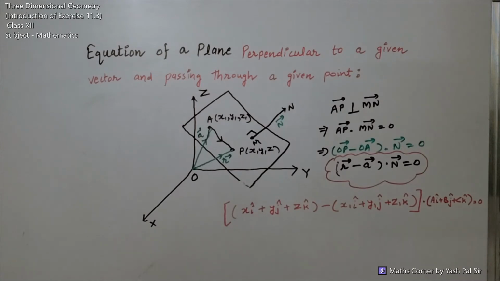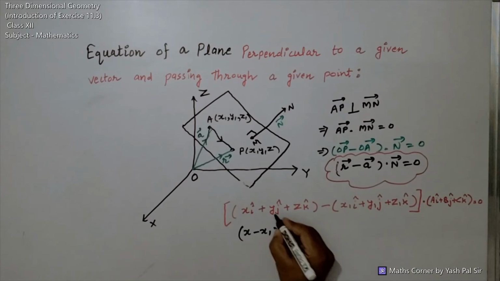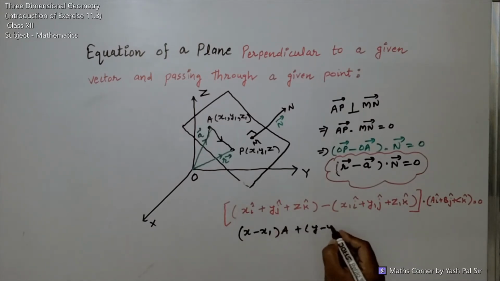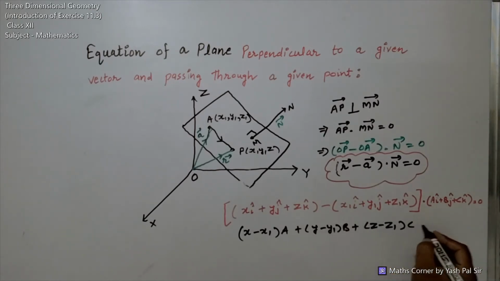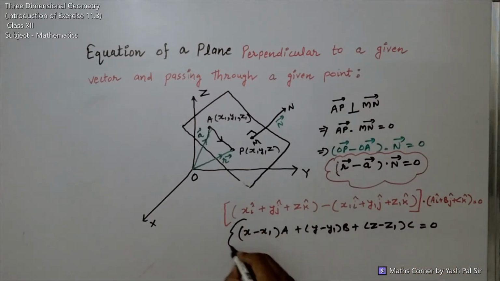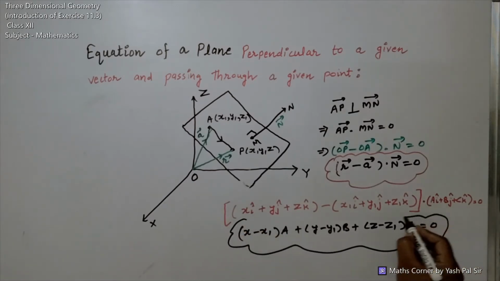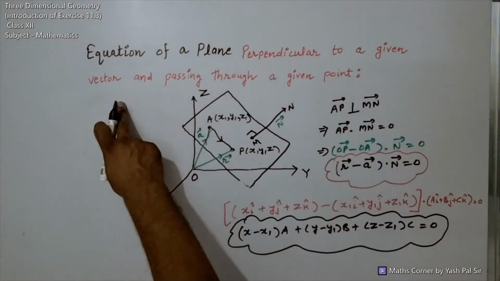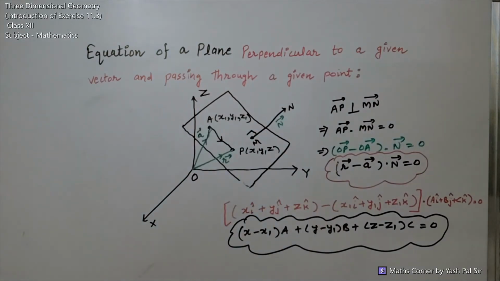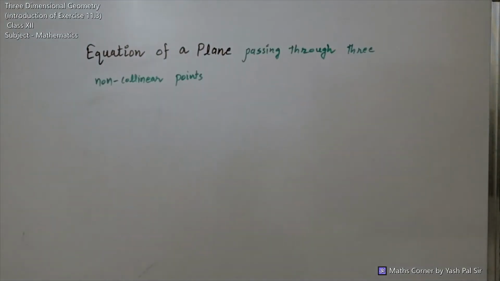Now we have the dot product, this becomes x minus x1 into a plus y minus y1 into b plus z minus z1 into c is equal to 0. This is the Cartesian form of the plane perpendicular to a given vector and passing through a given point.